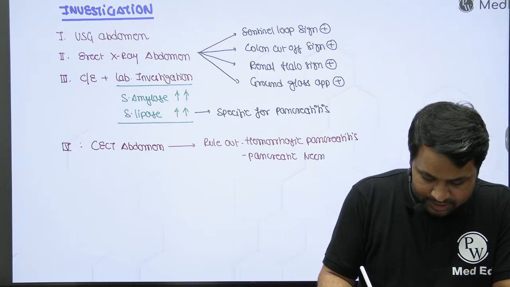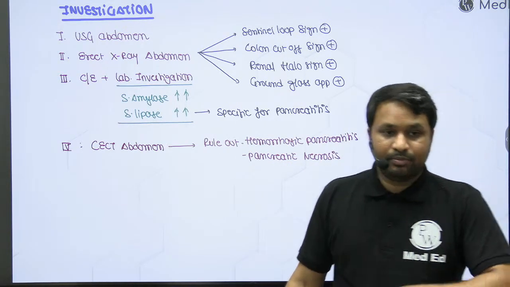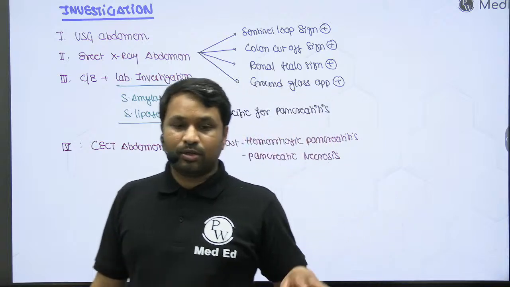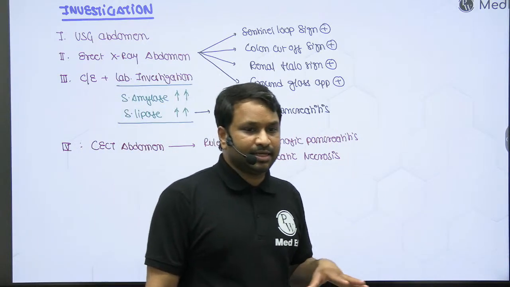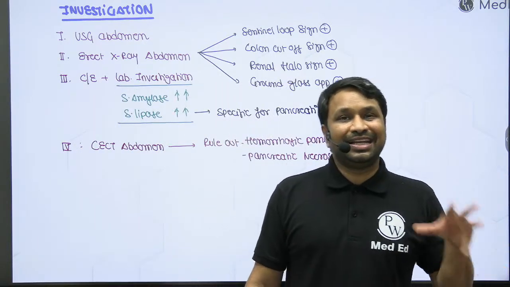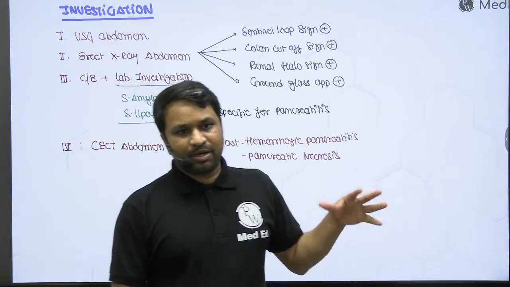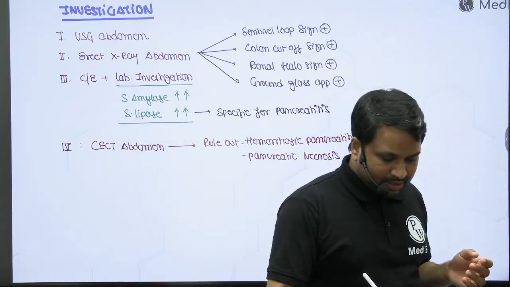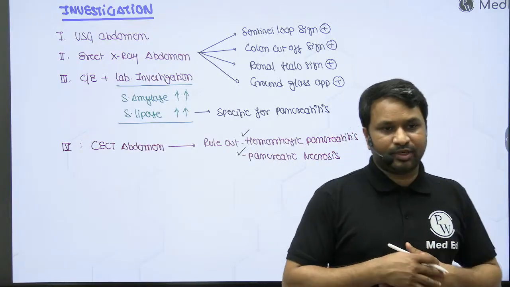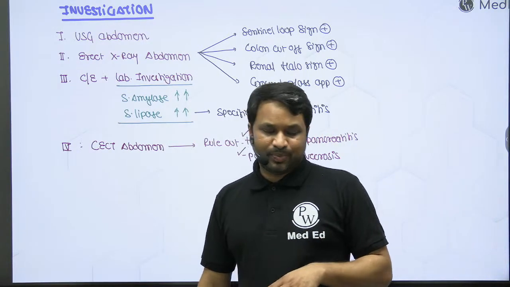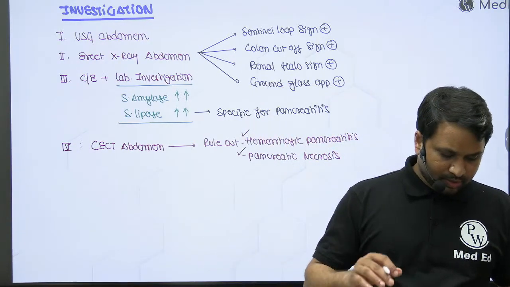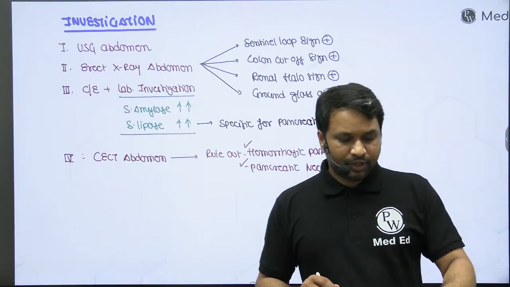Whenever there is acute inflammation, it can also result in pancreatic necrosis. To rule out pancreatic necrosis, you can get a CECT abdomen. So that is why we don't get the CT immediately. We'll wait for the initial 4 or 5 days, give the treatment, and if it is not resolving, that is actually the best time to get the CT done, right? So these are the investigations associated with acute pancreatitis.